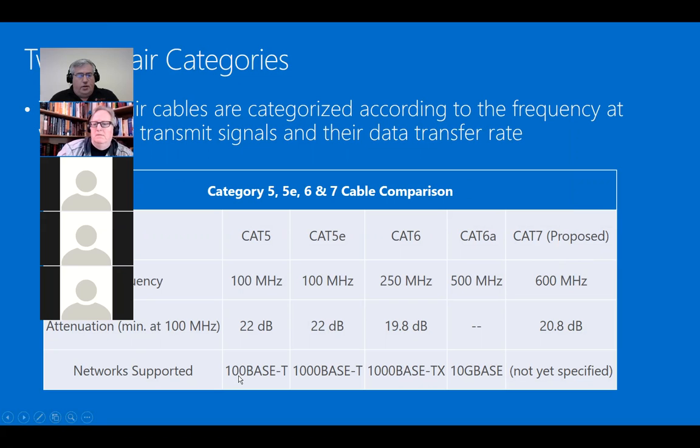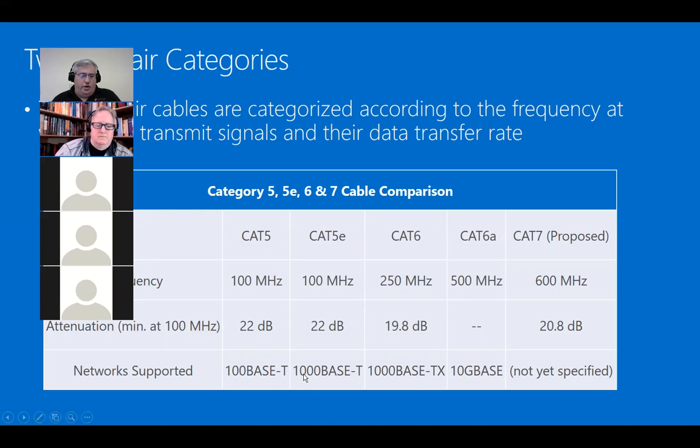And like we went over the first day, you've got the 100 base T, 1000 base T. Do you remember what that meant? Basically the speed. So you can go 100 megabit with Cat5.